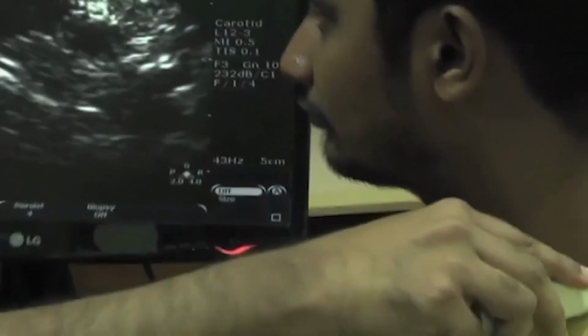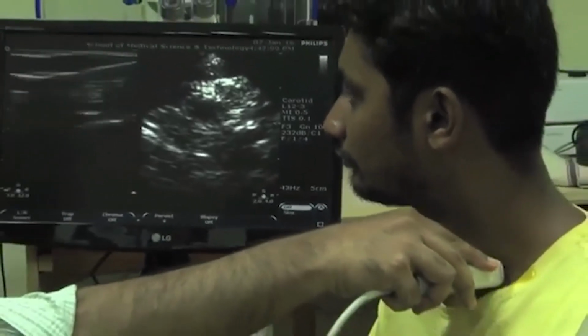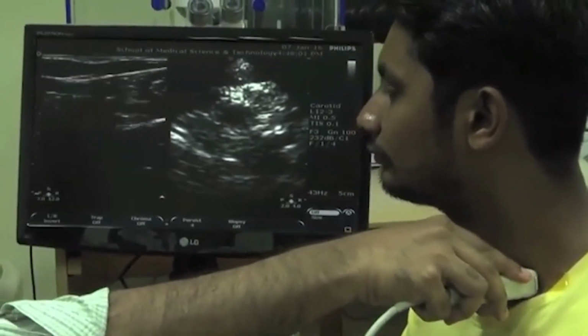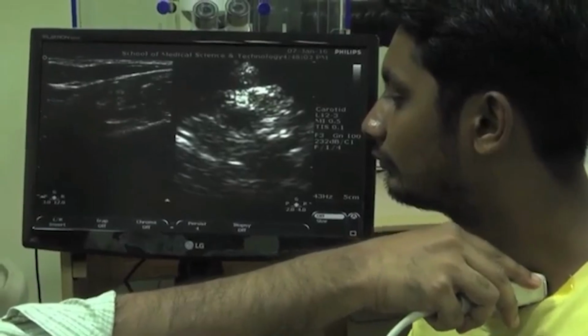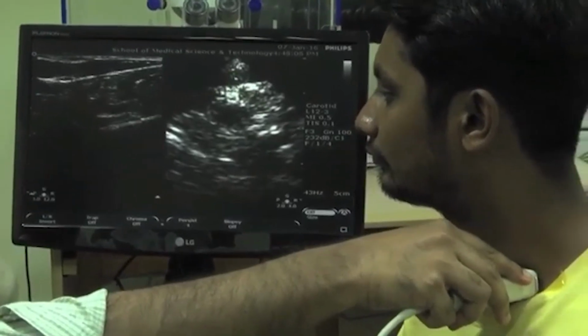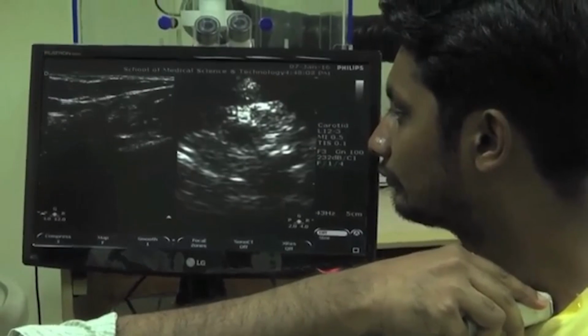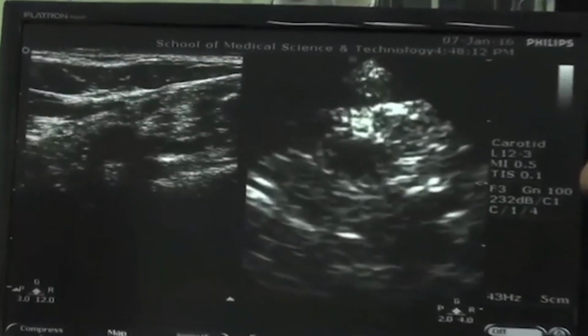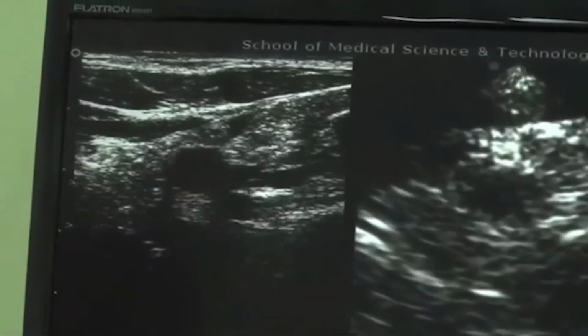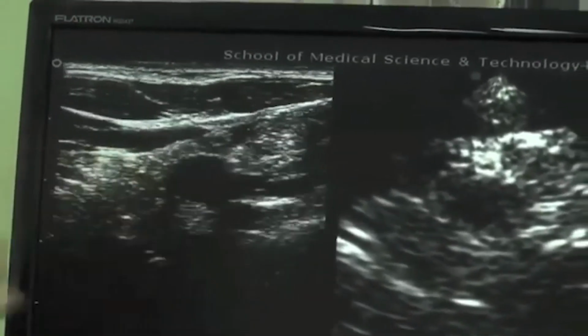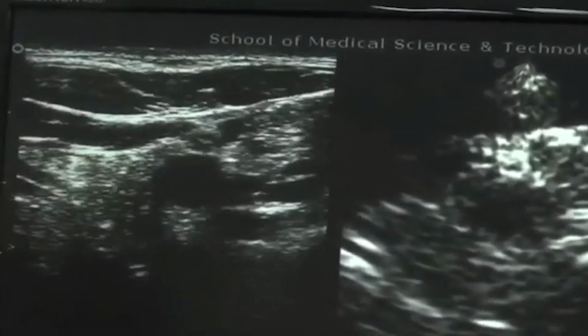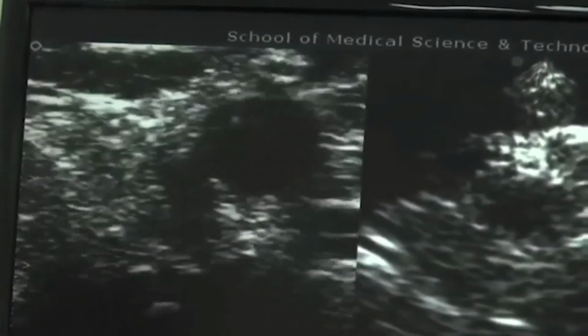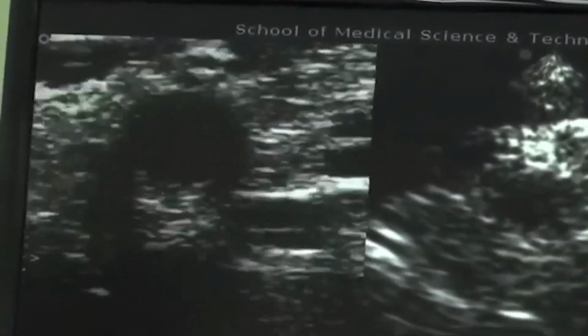As I put the probe, let's do a bit of scanning, and I increase the gain. I will have to change my mapping functions as well. So here is the carotid artery which I see on the linear probe. Okay, now let's zoom into that.